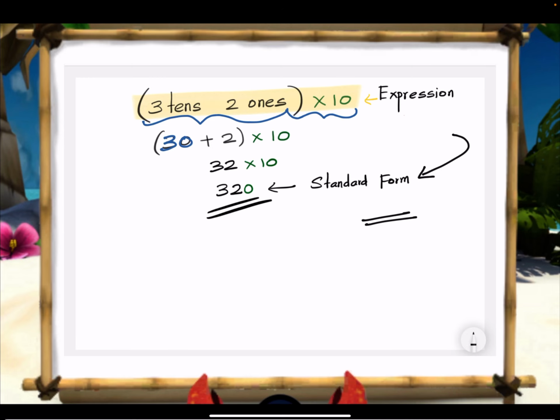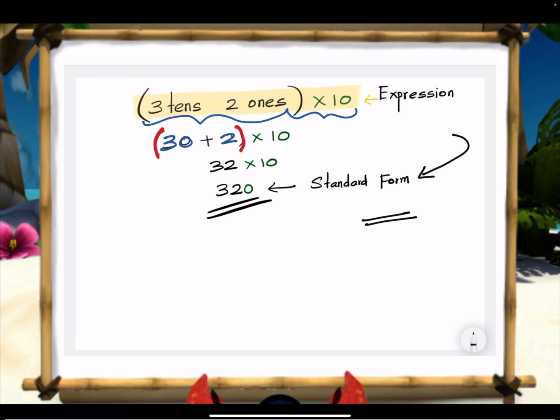The value of 2 ones is 2. Now multiply 30 plus 2 by 10. So when we multiply it with 10, 30 plus 2, whenever you see a parenthesis, so this is the parenthesis.